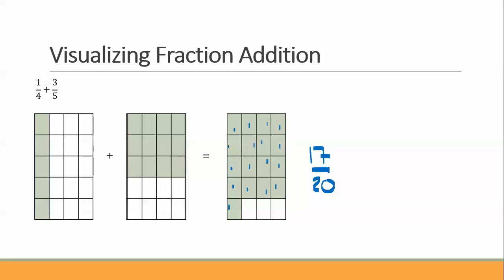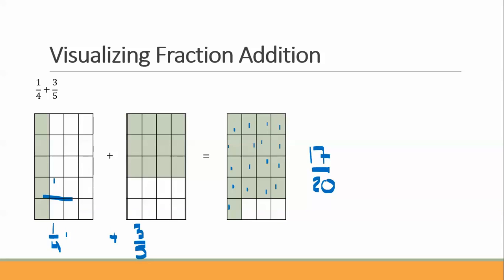How does this look if we're trying to do it numerically without using our boxes? This is 1/4. That's what we started with, and we added 3/5. Now remember, we have to make equivalent fractions. When we did this, we divided this one into 5.